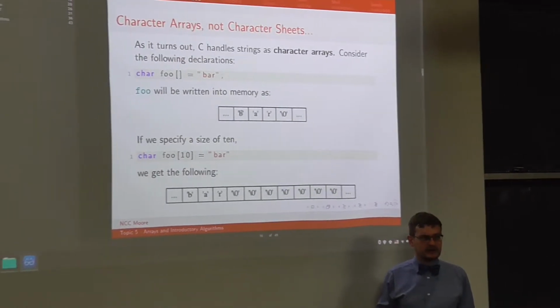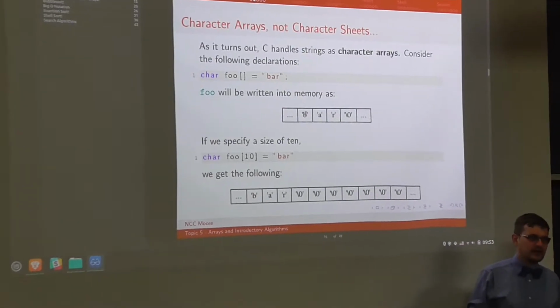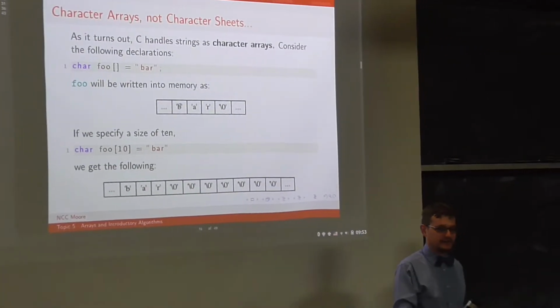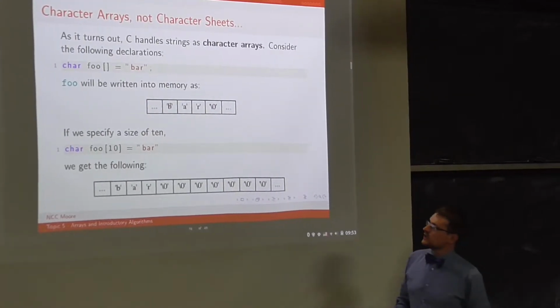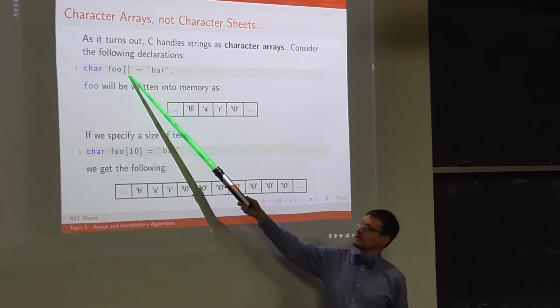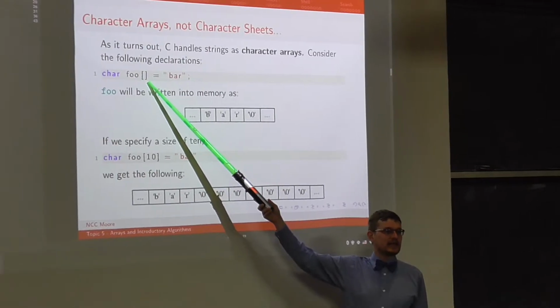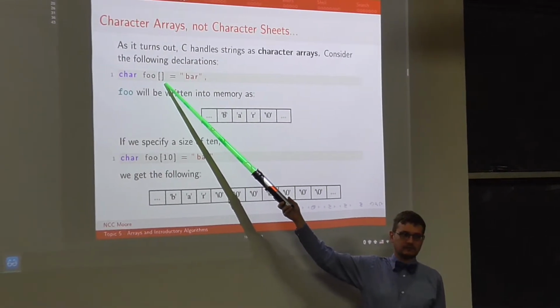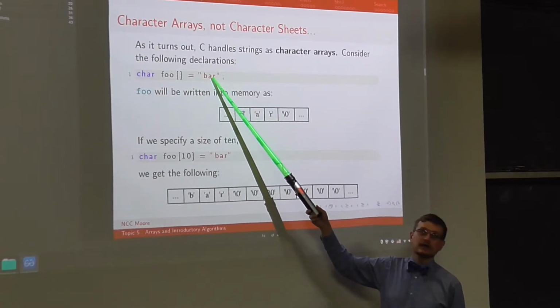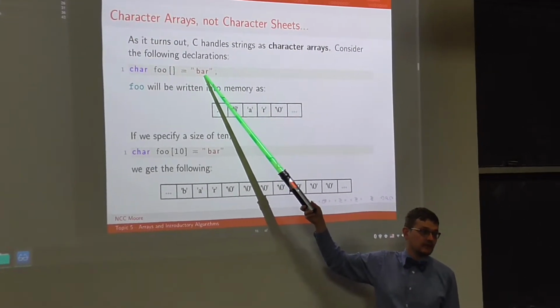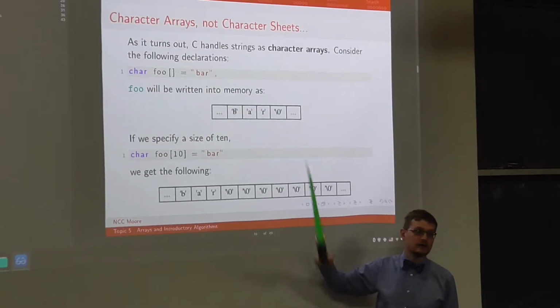That's one case where a character array will not write into memory that doesn't belong to it. So basically any number here less than 4: if you put 2 here, it'll just write BA, no null. If you put 3, BAR, no null.